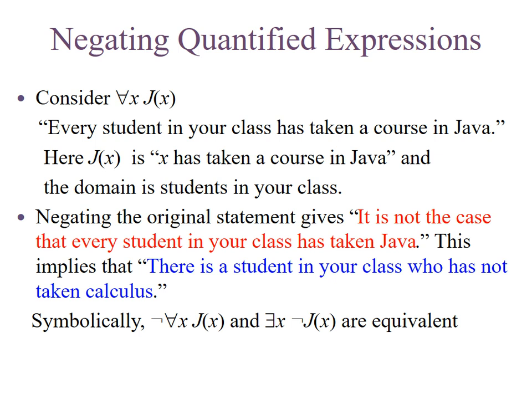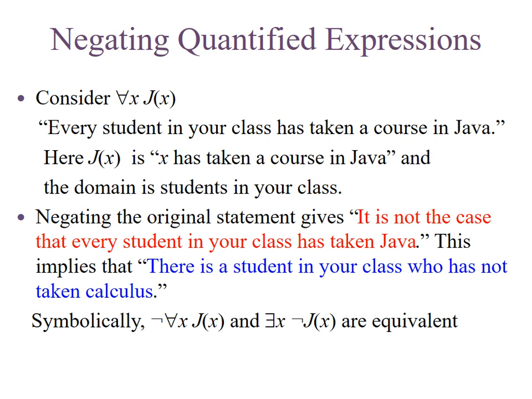All right, next let's see the negation of quantifiers. If we consider for all x J(x), and we want to negate this sentence, it means it's not the case that every student in the class has taken Java. If not everyone in this class has taken Java, that means there is someone who has not taken Java.